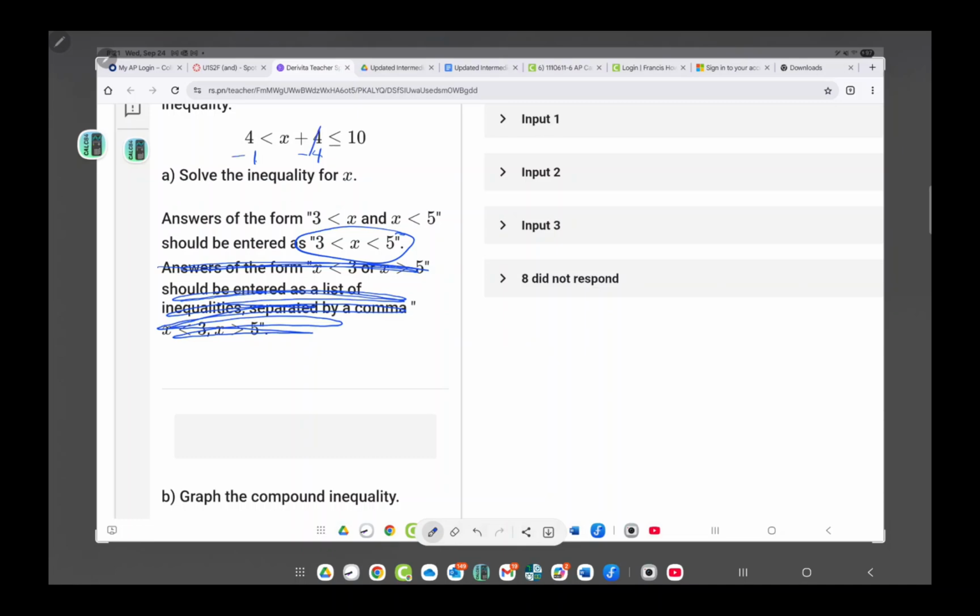You have to do it to both sides. So what's 4 minus 4? So we'll have 0 less than x less than or equal to, because there's less or equal to. Now, when you type that in, how do you type less than or equal to? And then 10 minus 4 is 6. And that's it. Everyone should get that right.